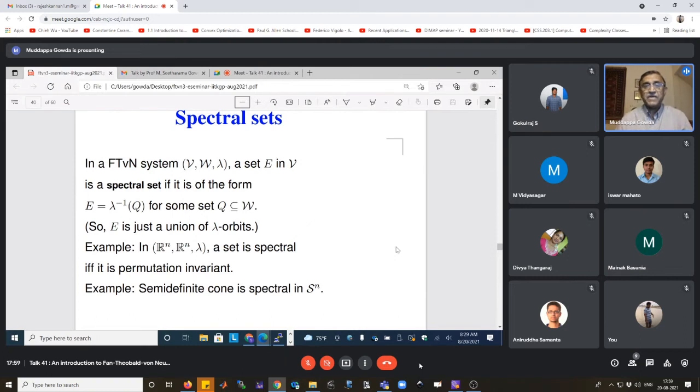Now, in the case of this FTVN system Rn lambda, a set is a spectral set if and only if it is permutation invariant. Permutation invariant sets are also called symmetric sets in the classical literature. Example: the semi-definite cone is a spectral set.